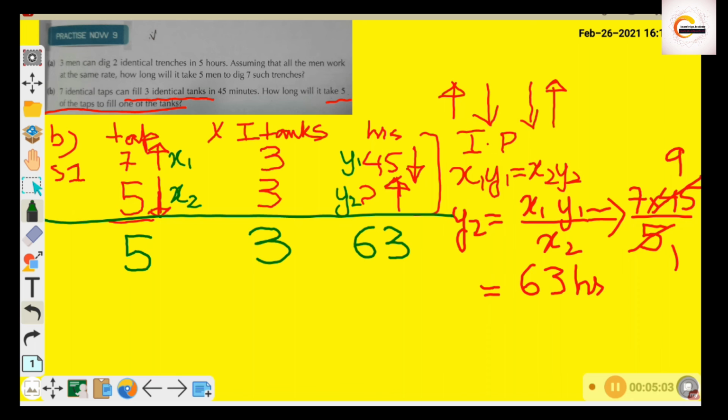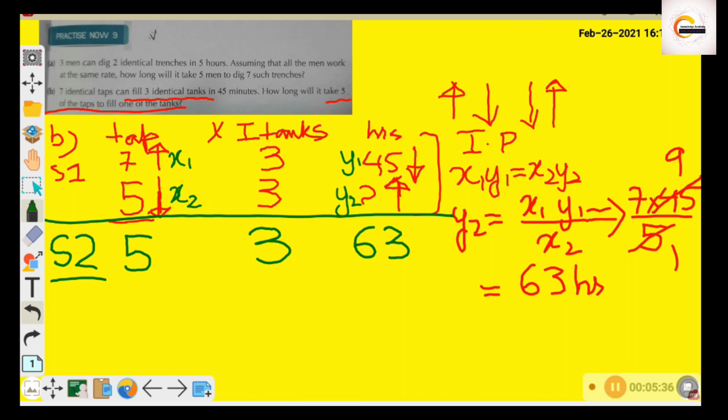Alright, now step number 2. 5 identical taps can fill 3 identical tanks in 63 hours.